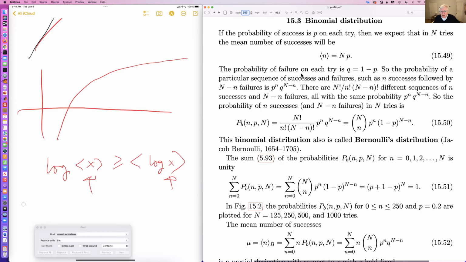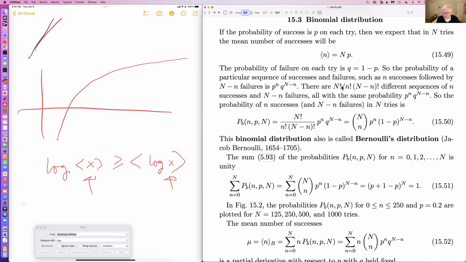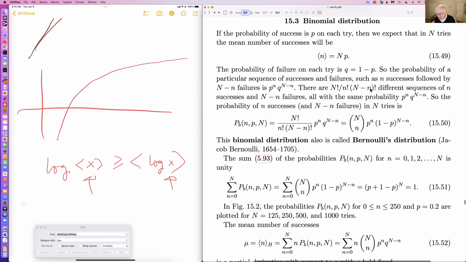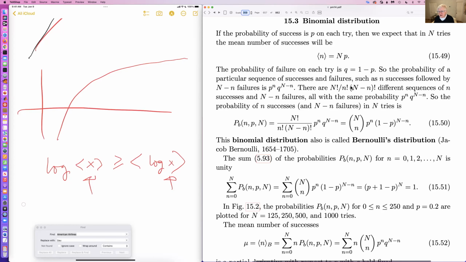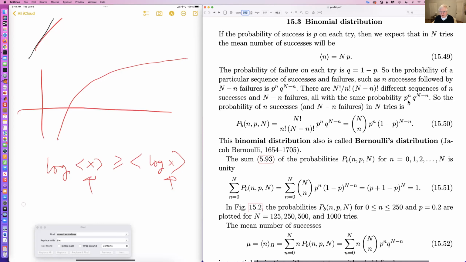Anyway, there are so many different ways of doing this because there are n factorial different ways of arranging the successes and N minus n factorial ways of arranging the failures. So if we divide, we get that many sequences of n successes and that many failures. They all have the same probability.